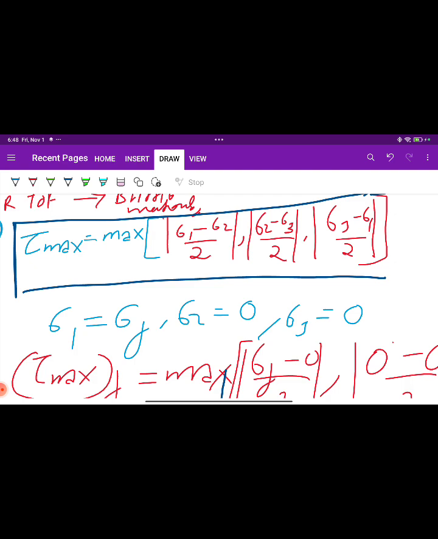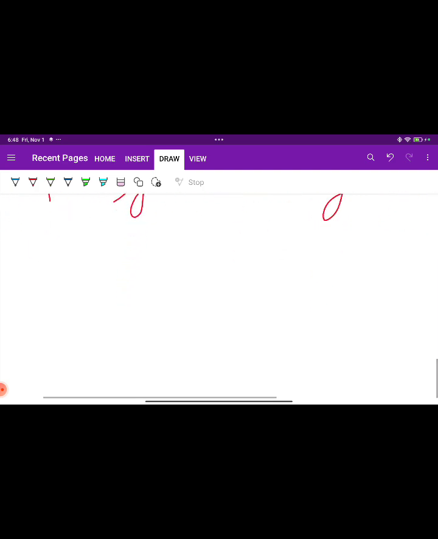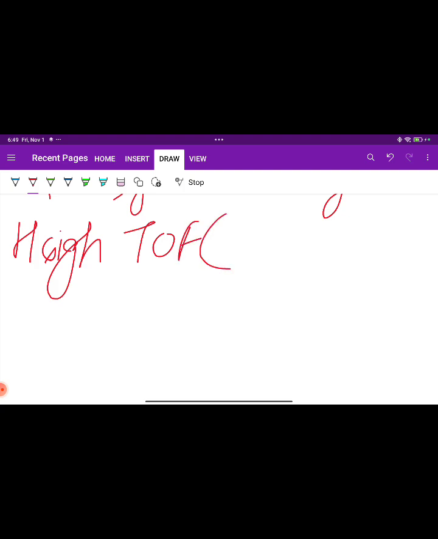Now we will talk about the high strain energy theory of failure, or we can say the strain energy theory of failure.